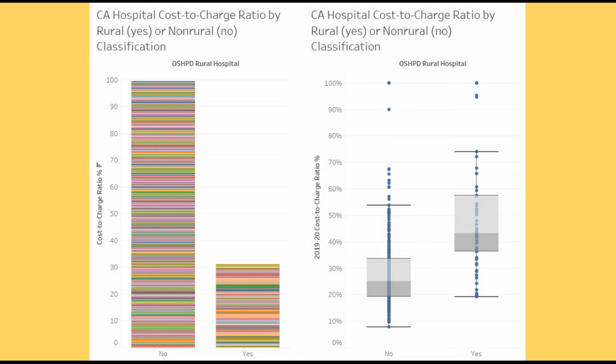So even though the overall non-rural classified hospitals bar is taller, its individual stacked bars are a lower cost to charge ratio overall. To help show that data more clearly, I've also used a histogram box plot on the right side. The non-rural classified hospitals have a lower cost to charge ratio average than the yes rural classified hospitals.